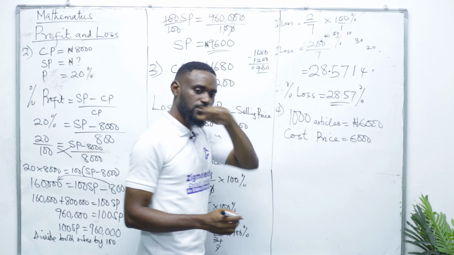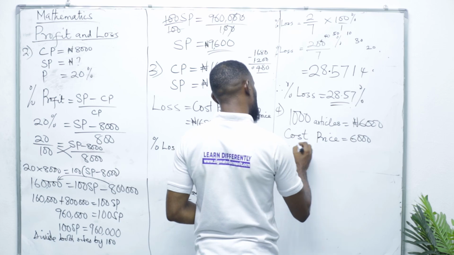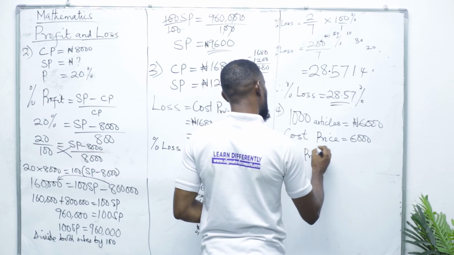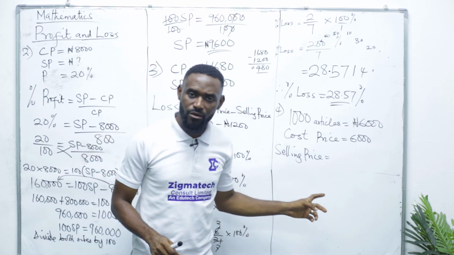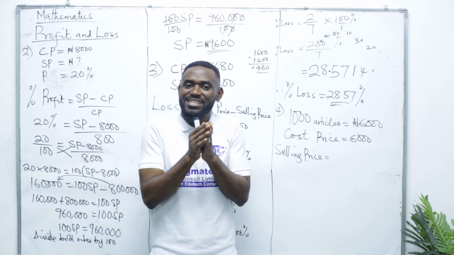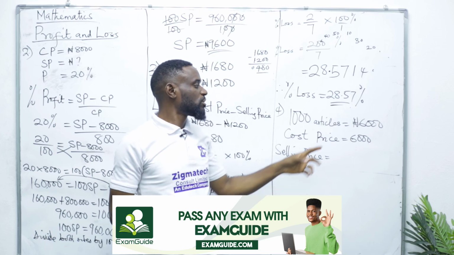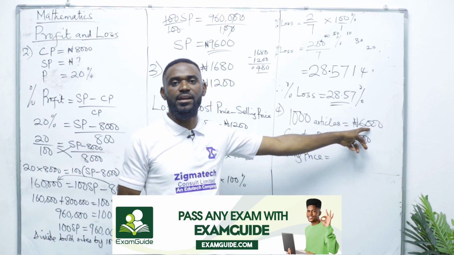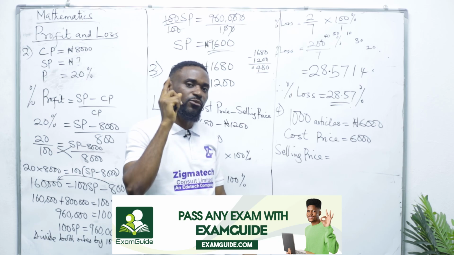That is the cost. Then the selling price is equal to what? For all the 1,000 items, maybe there was a discount because he bought more. So they gave him for 6,000 naira. But he now came and started selling each of the items for 9 naira.